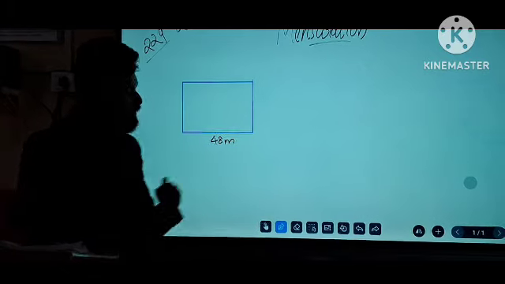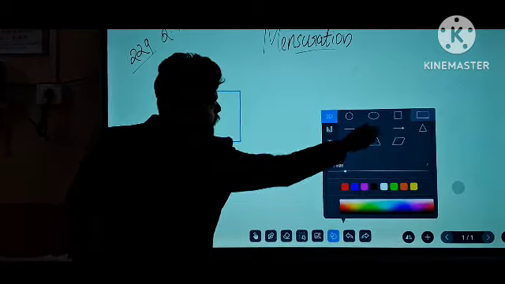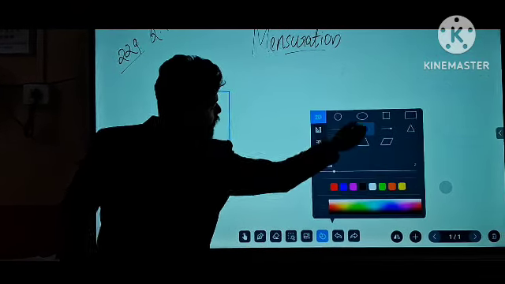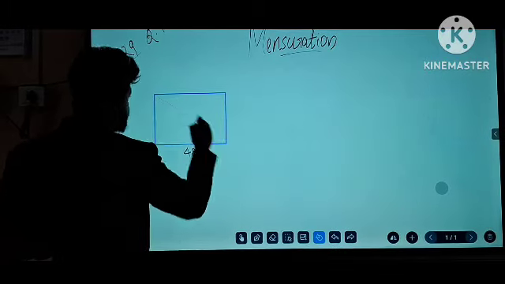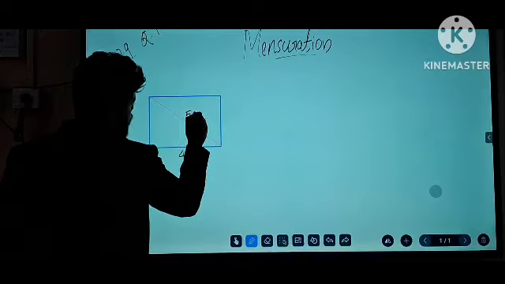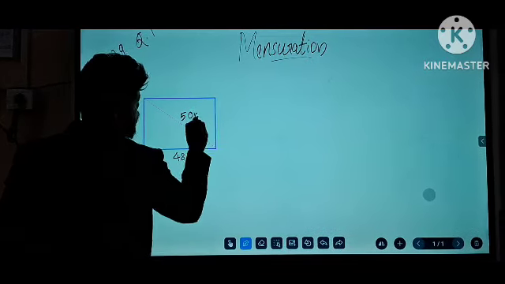I am taking the base as 48 meter, and it is given that the diagonal, meaning this length, is equal to 50 meter.